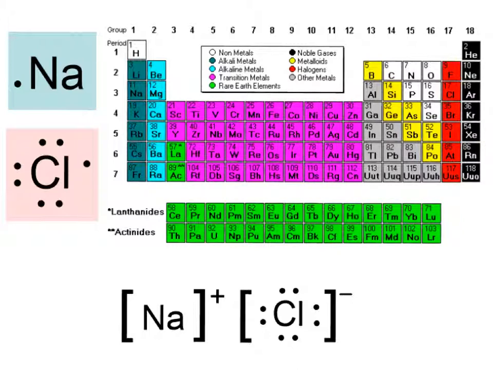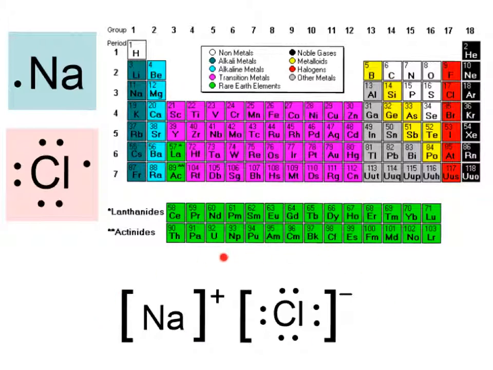What's interesting is that when sodium and chlorine are near each other, chlorine would really like to have 1 more electron because then it could have a full octet, a full outer energy shell with 8 electrons in it. Sodium would really like to lose an electron because then it could have a full octet and have 8 electrons in its 2nd energy level rather than having this dangling extra electron in the 3rd energy level.